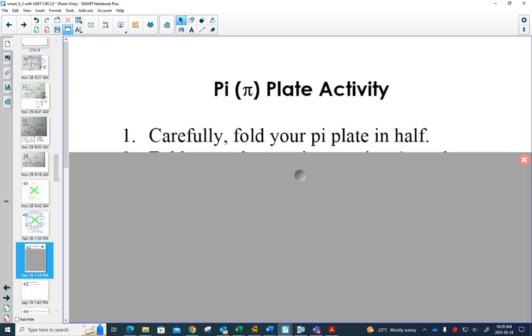You want the edges to match up, you want to hold it tight, and while you're holding it tight, press it down so that the edges of your circle match up. Once it's matched up, you can flatten it out pretty good. You'll want to be holding it while you flatten it, because it could shift and not be perfectly folded in half. Okay?